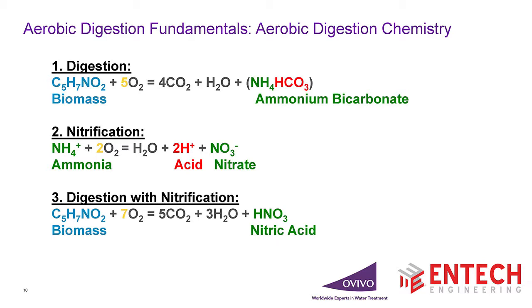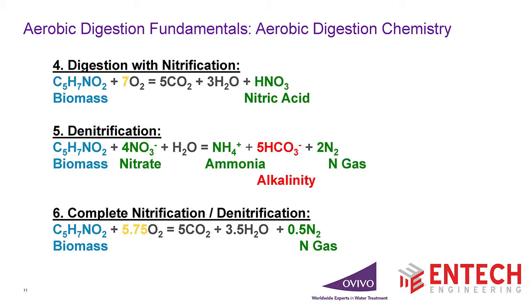So if we just control the air and control the oxygen, we can digest well. In the last equation there, you see the net result of the nitric acid that's produced. But if we denitrify, then we can recover some alkalinity and get back to neutrality.